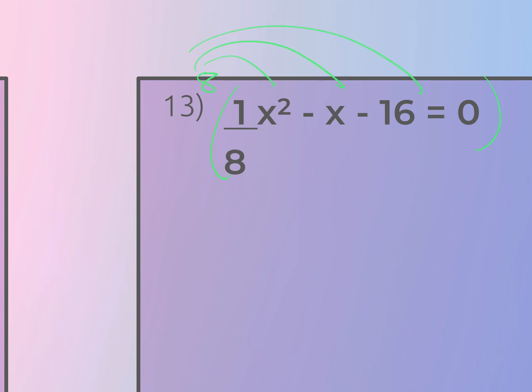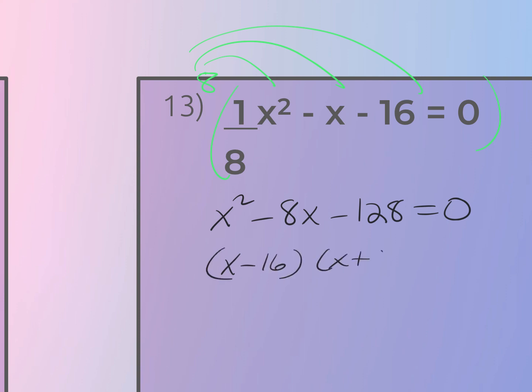So then this will just become an x squared minus 8x minus 128. I am looking for two numbers that will multiply to give me negative 128, but who will add to give me negative 8. And that's actually the two numbers that are there, 8 and 16. So negative 16 and positive 8.